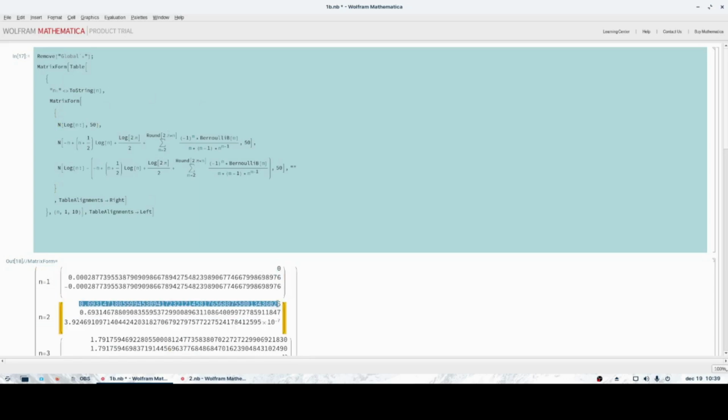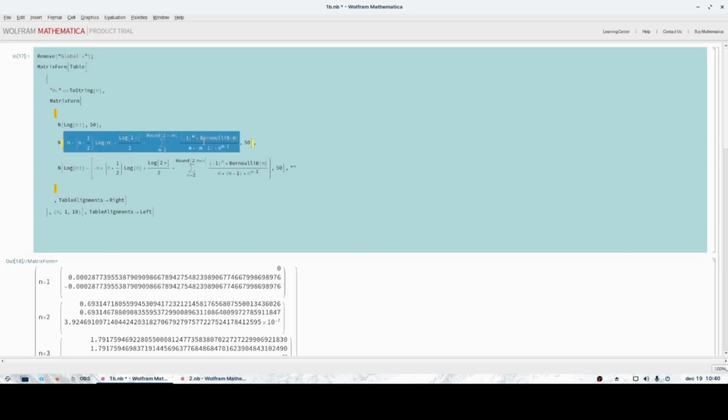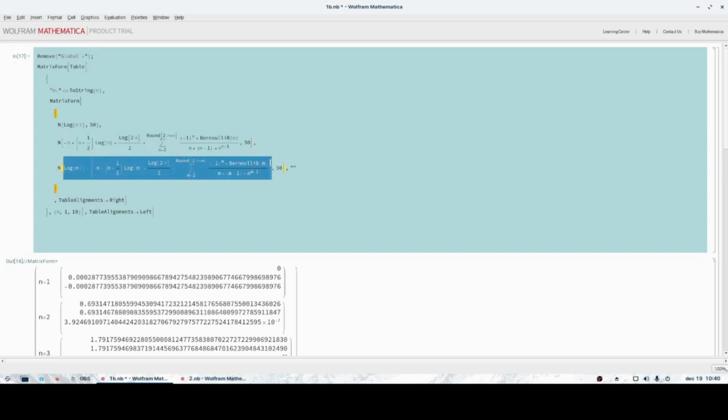This is logarithm of 2, and this is logarithm of 3 factorial, which is 6, so logarithm of 6. The second line is the approximation, and the third line is the difference between these two. It means that this is the remainder term of the Euler-Maclaurin formula.